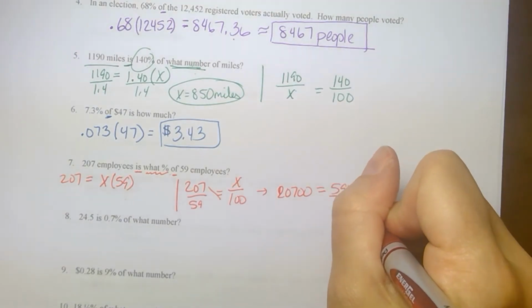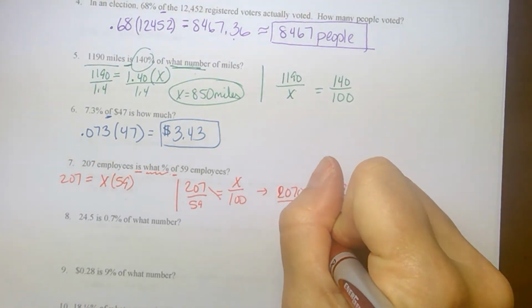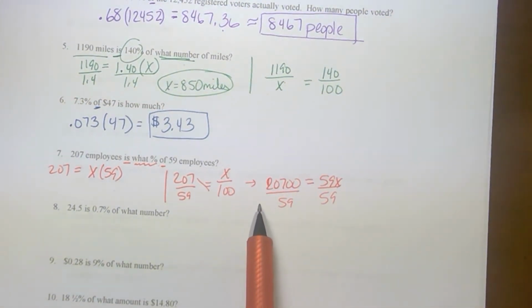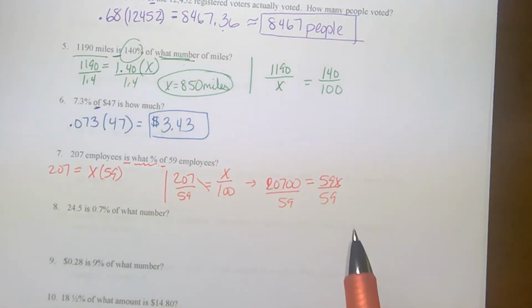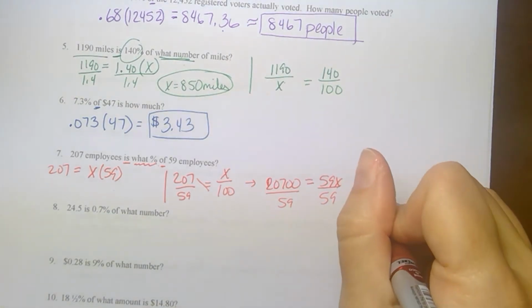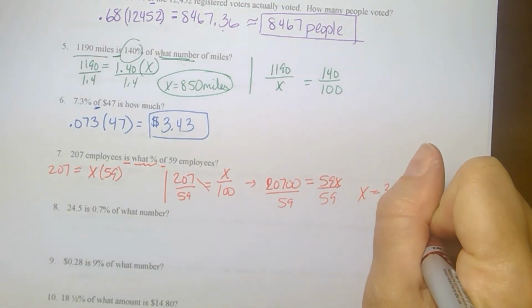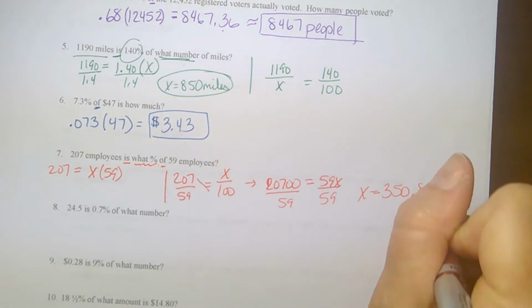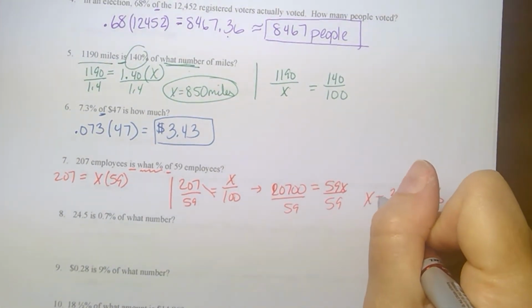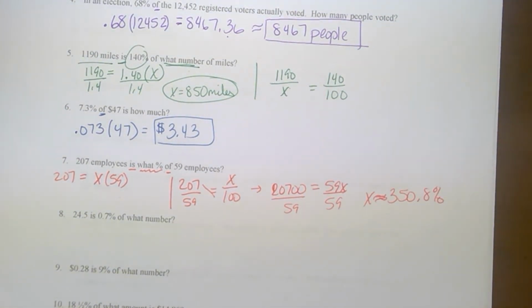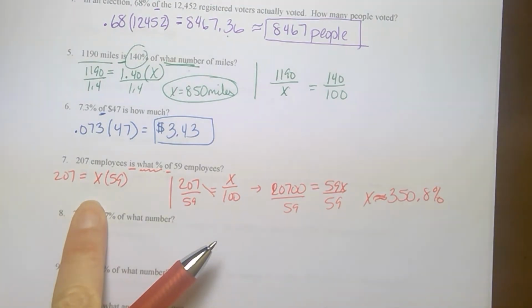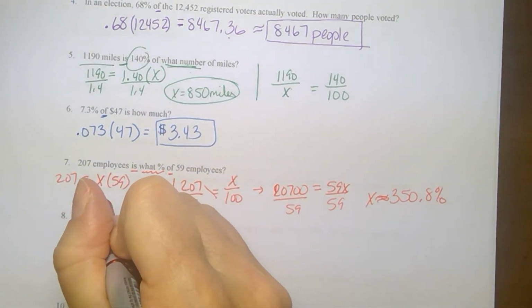For both of these, I'm dividing by 59. When I divide by 59 with my proportion, I get that x is equal to 20700 divided by 59, which gives me 350, and I'm going to have to round that. Let's round it to the tenths place. I get 350.8% approximately.